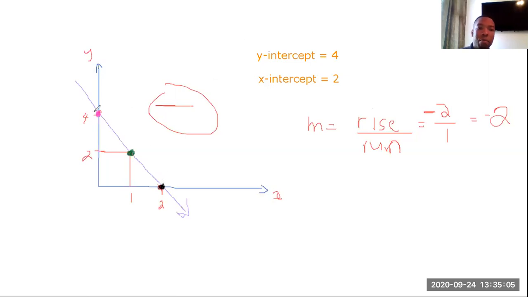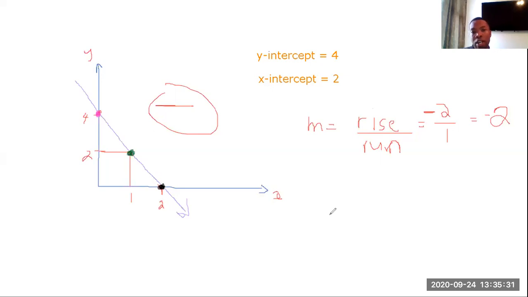In order to get from the pink to the green, I have to go down 2, because this is 4 and this is 2, and over 1. From green to black, I also have to go down 2 and over 1.